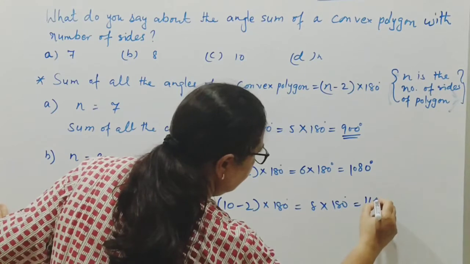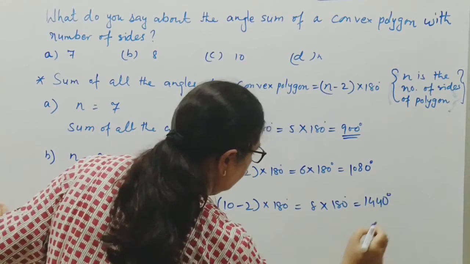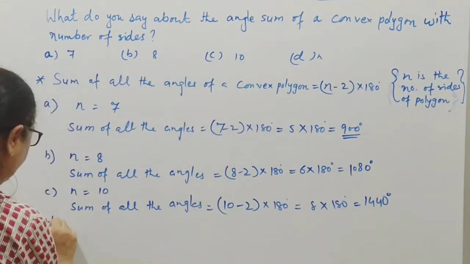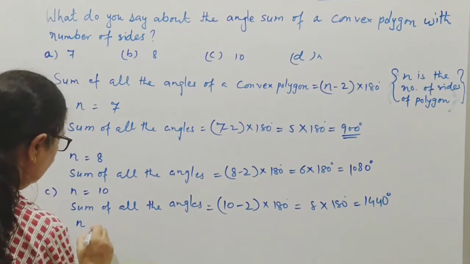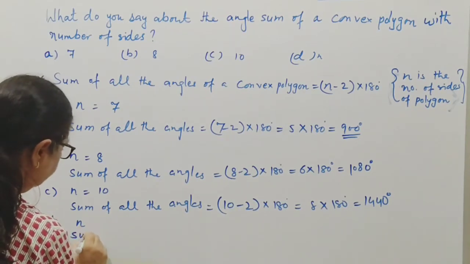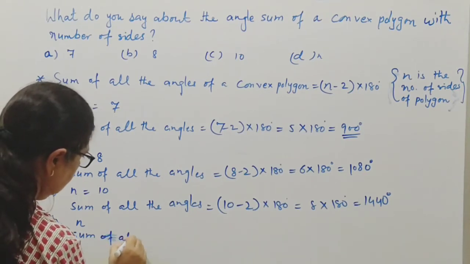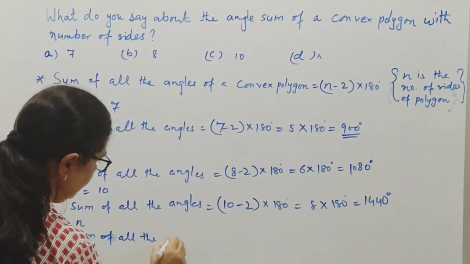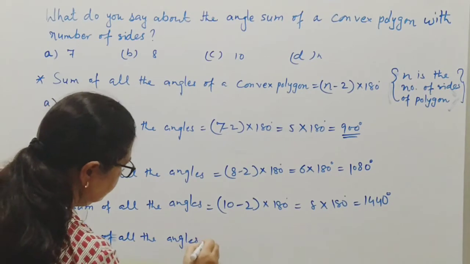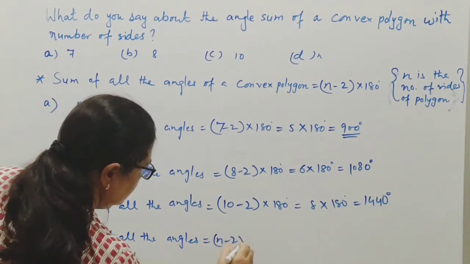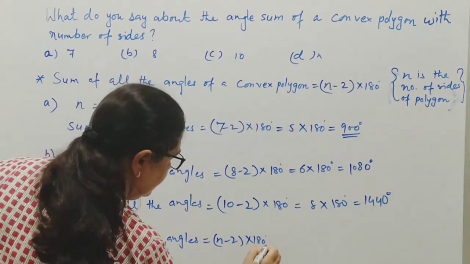So it is 1440 degrees. Then D, for n sides, the sum is n minus 2 into 180 degrees.